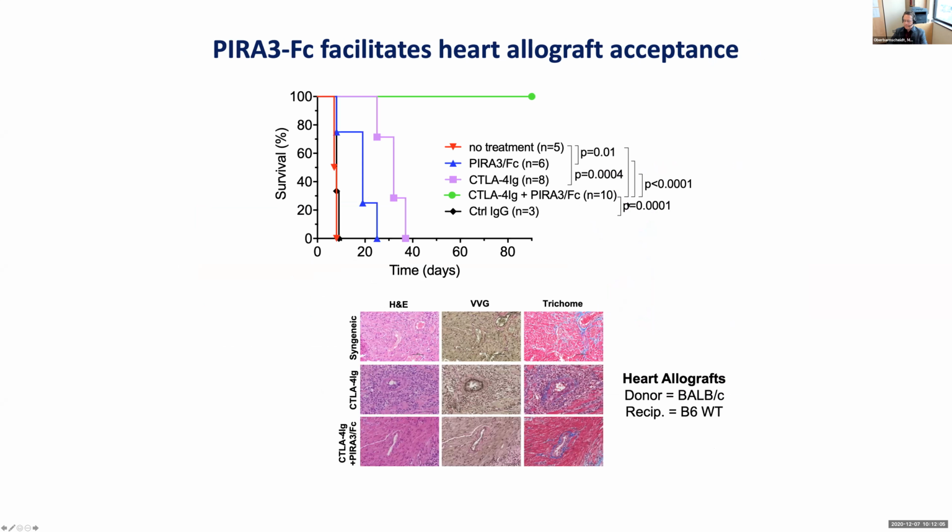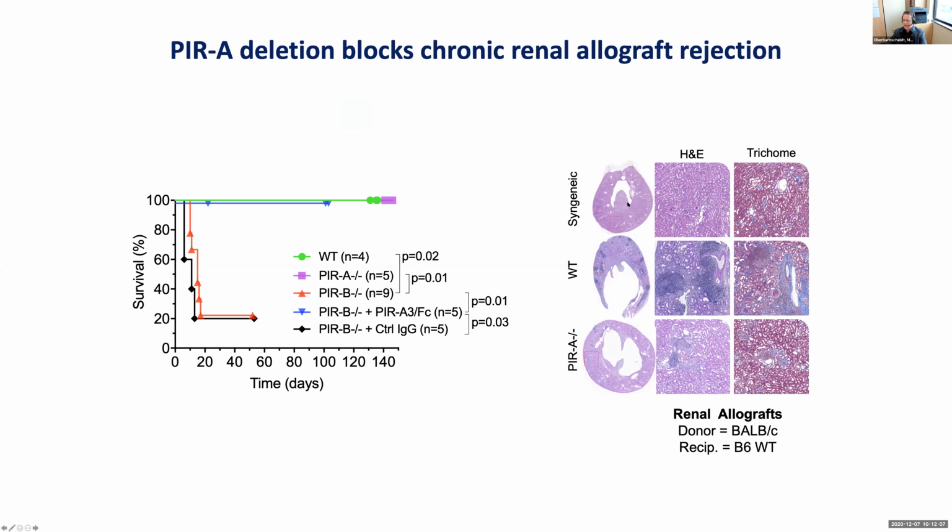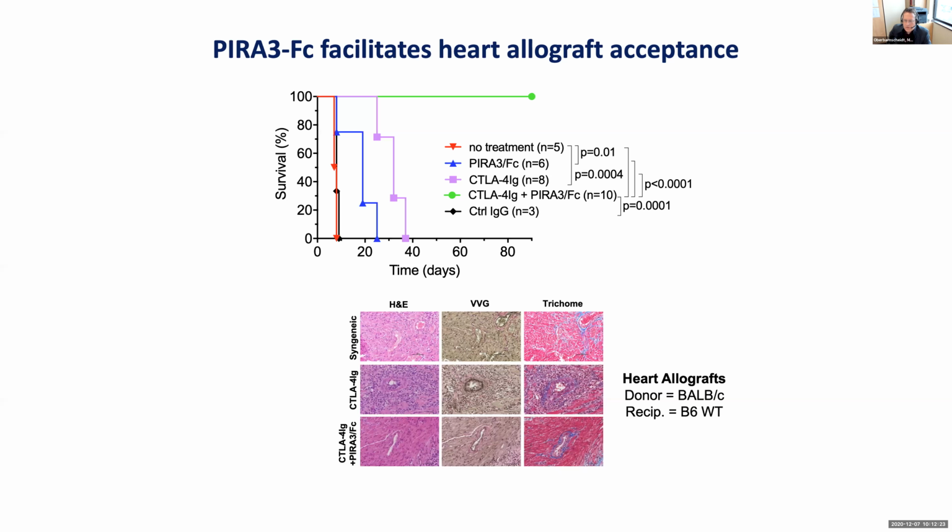And this is also reflected in the histology. You see again nodular infiltrate and fibrosis here, and upon transplantation in a PIR-A knockout recipient, you see that the grafts look fairly pristine. The same is true for a heart transplant model. Now, the heart transplant model is an acute rejection model.